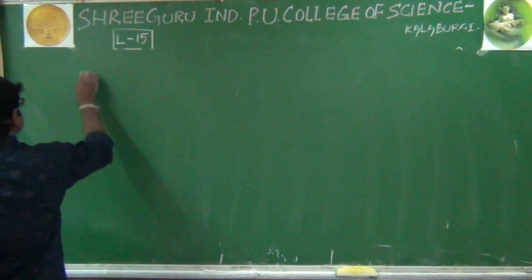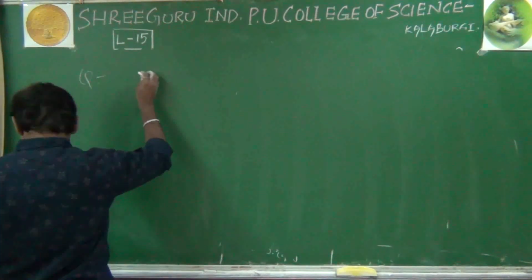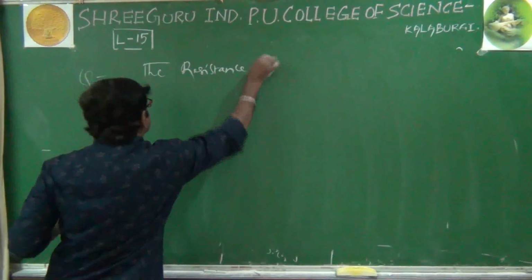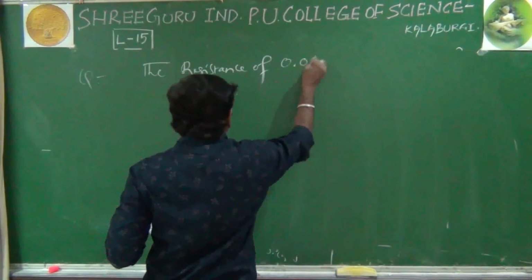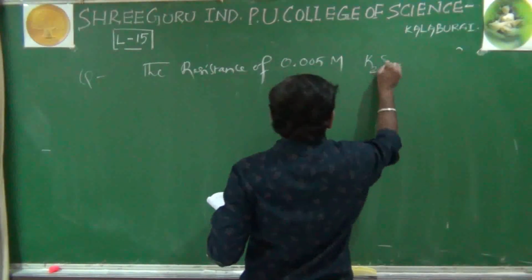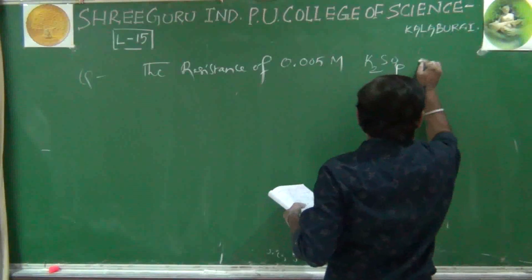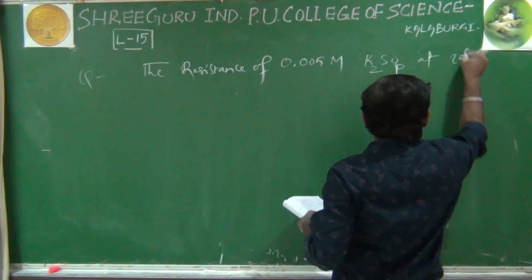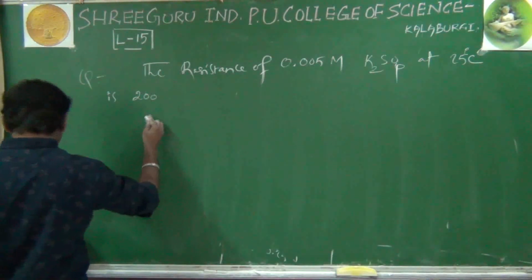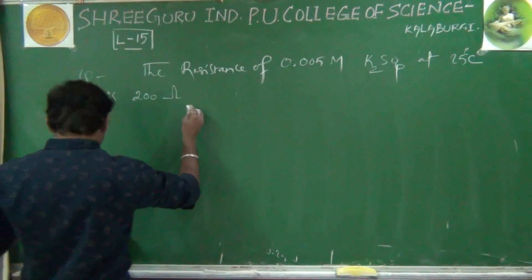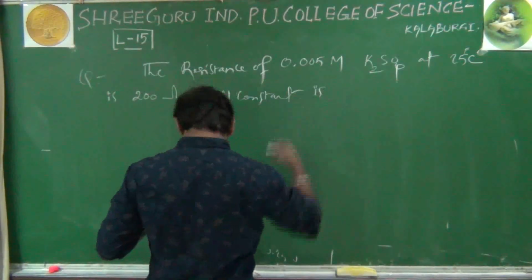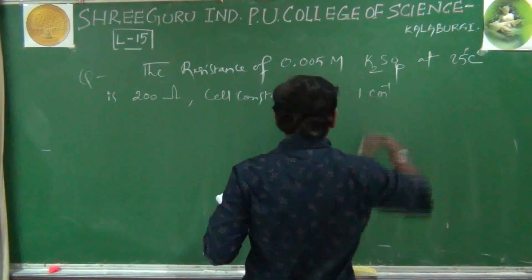Next question is: the resistance of 0.005 capital M K2SO4 at 25 degrees centigrade is 200 ohms, and the cell constant is 1 centimeter inverse.